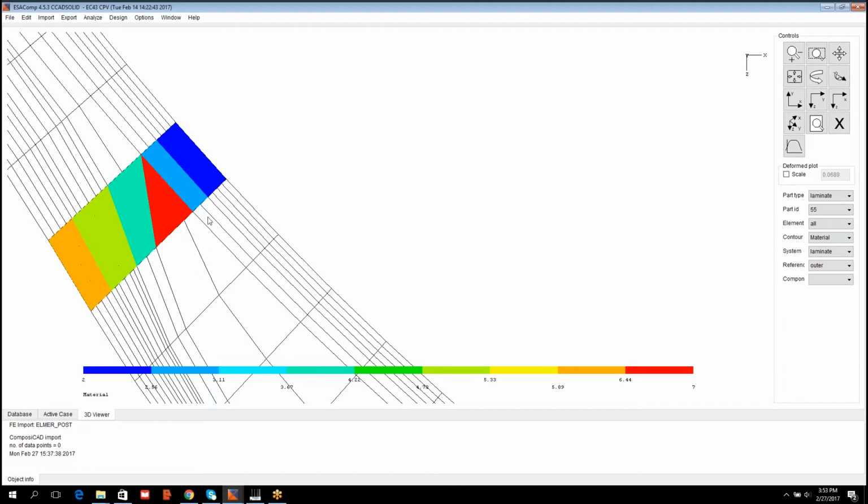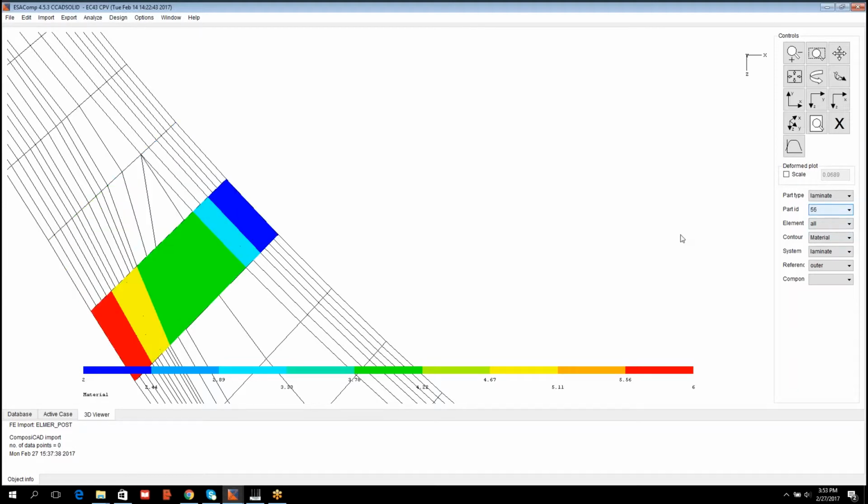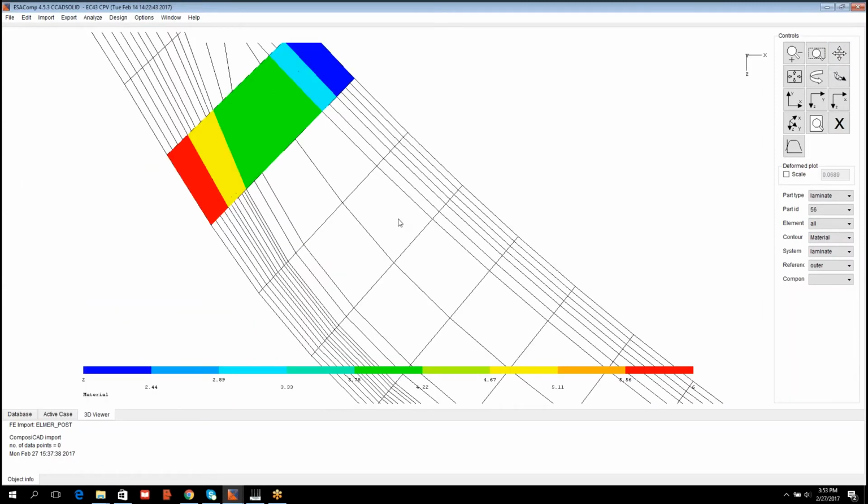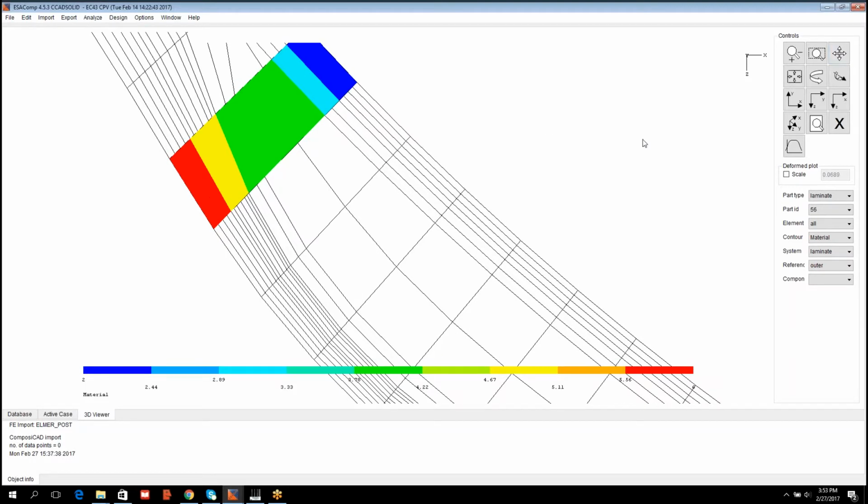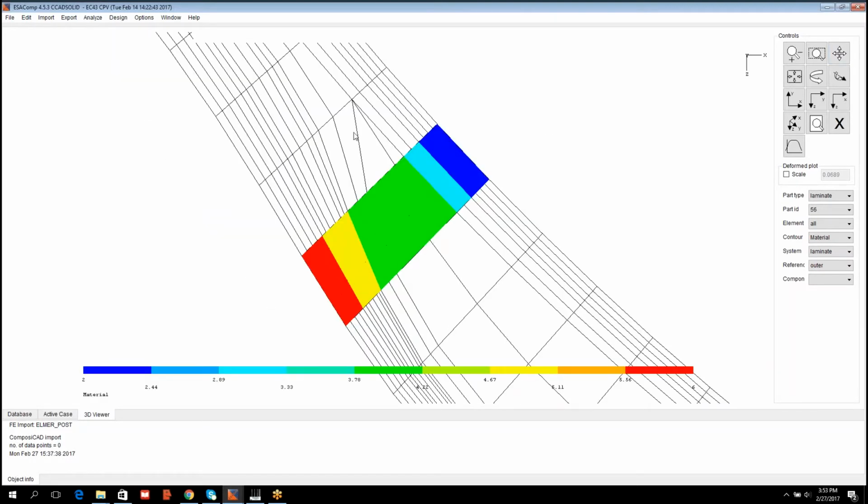Also, this material 4, light green material here, I have modified so that I have divided the thickness of the material by 2, and simultaneously I have duplicated the amount of material in this region. So with these modifications I have more dense mesh in this region.